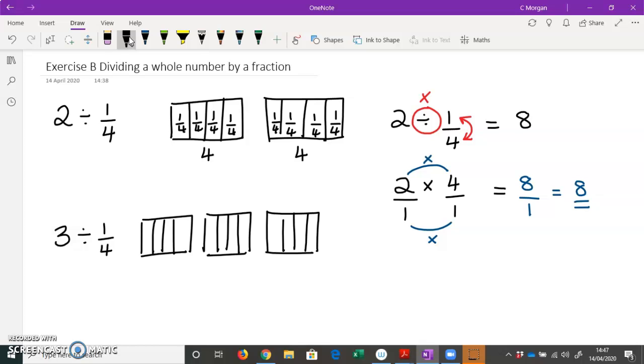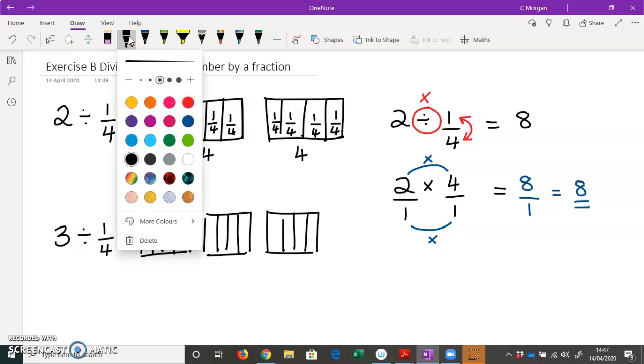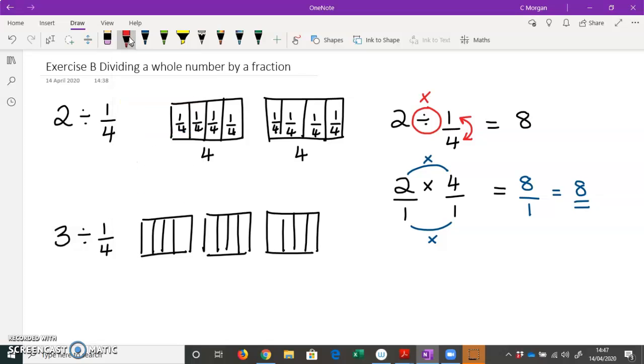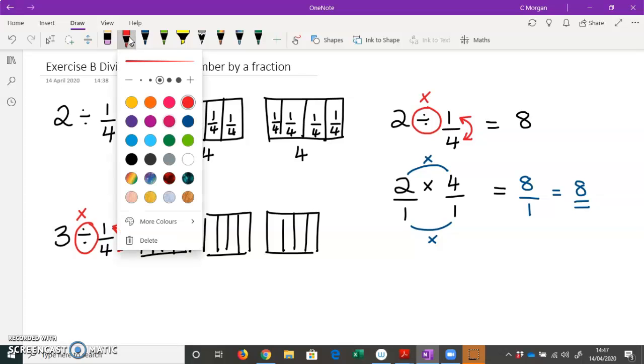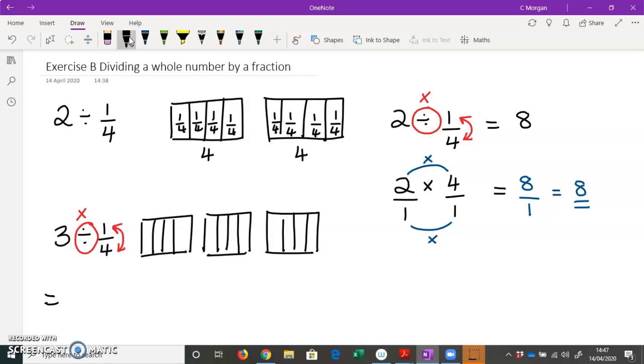I'm going to use my rule, and I'm going to say that 3 divided by a quarter is the same as 3 multiplied by the inverse of the fraction. So I think it's exactly the same as saying 3 multiplied by 4 over 1.